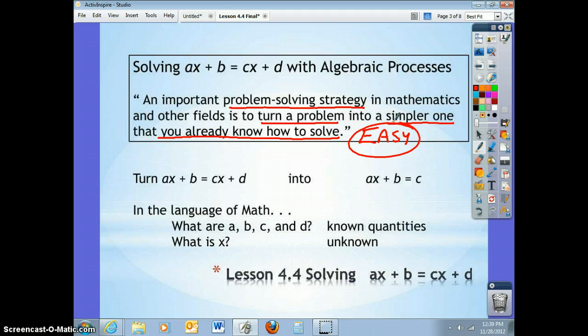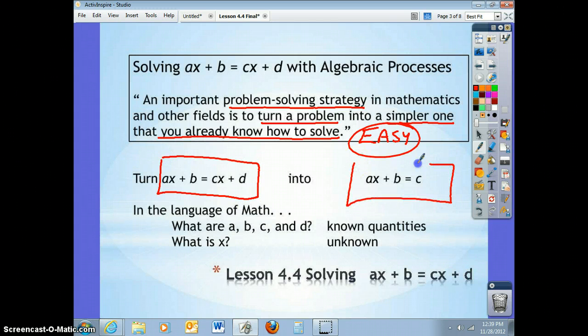We take something that we know how to solve and we adapt it to a problem that we're struggling with. That's the idea they're going to use for this new equation: turn ax plus b equals cx plus d into ax plus b equals c.